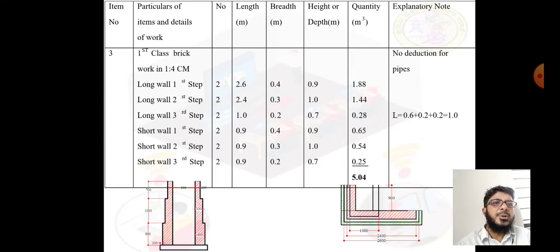Then the total is 1.88. For the second step of the long wall, again two numbers, length 2.4 meter, thickness 0.3 meter, and height 1 meter.